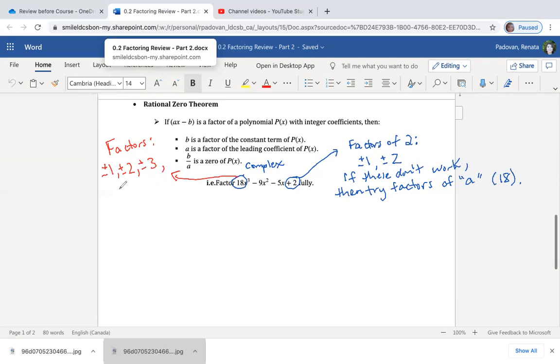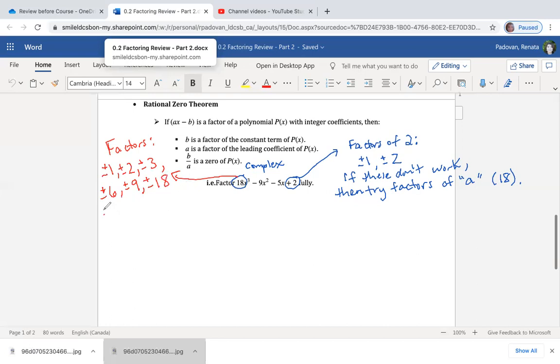No, not 5. So I have 6, positive and negative 6. Positive and negative 9, 10, 11, 12, right? Just take 18 and divide by anything that you're trying to see if it would work. And if you get a whole number as an answer, then we would have positive and negative 18, okay?